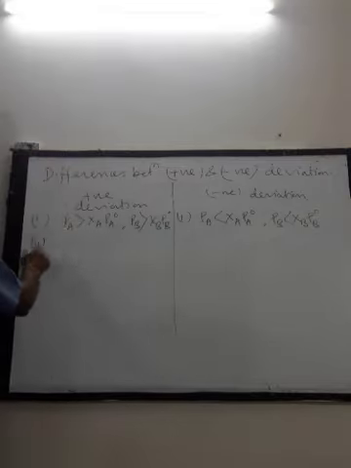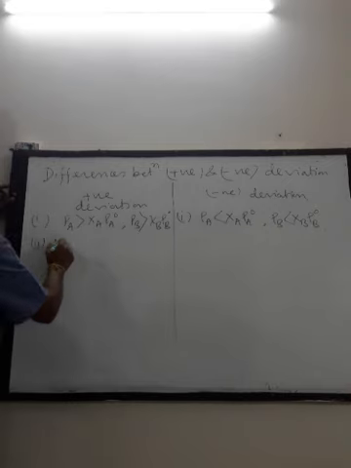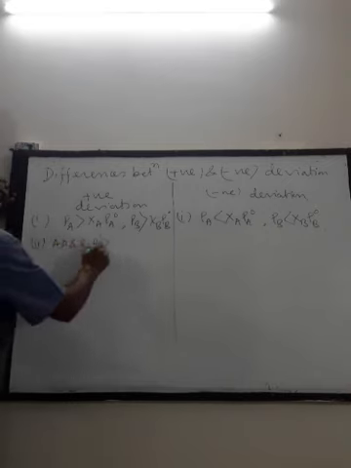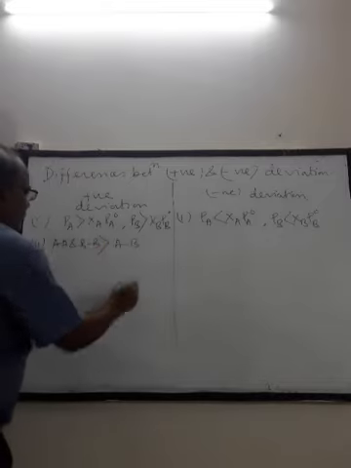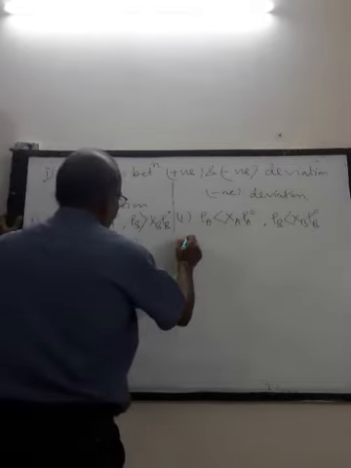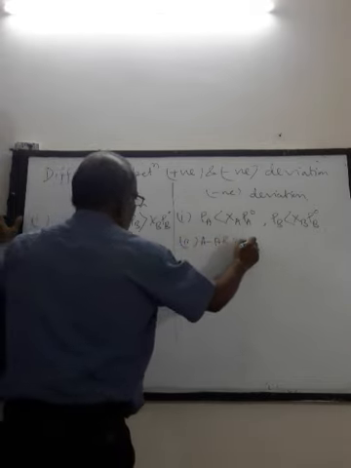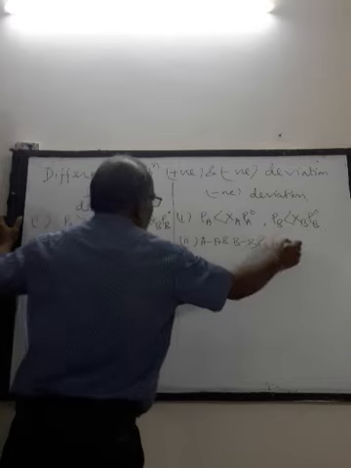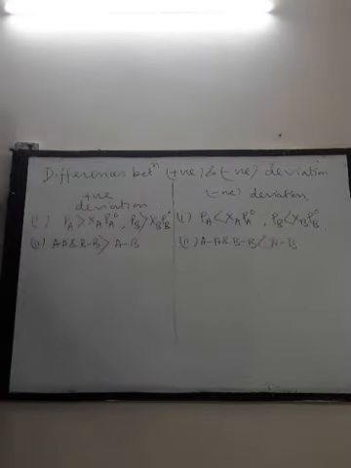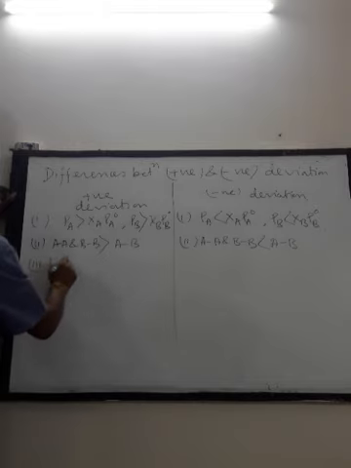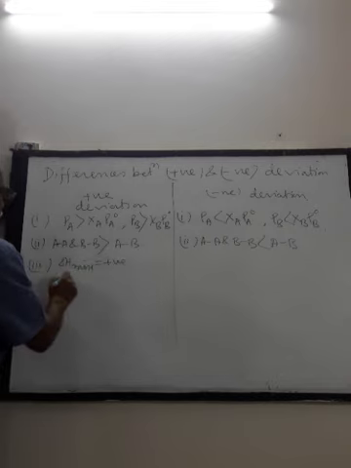Second point of difference, AA and BB interaction is greater than AB interaction. Here, AA and BB interaction is less than AB interaction. Third one, enthalpy of mixing is positive, that is endothermic.